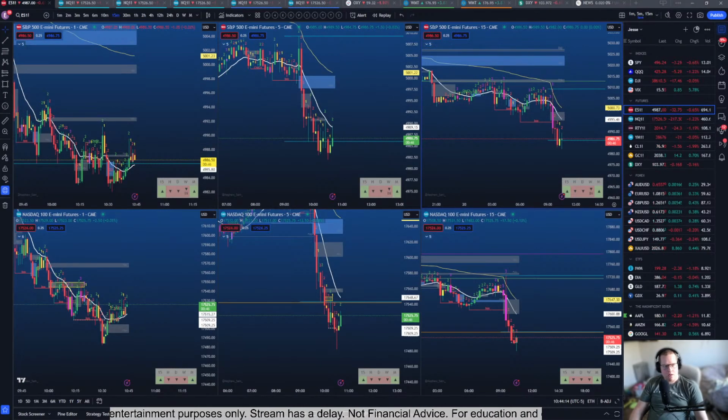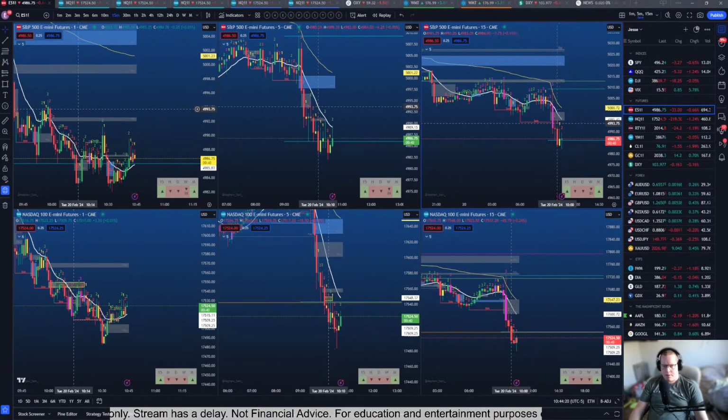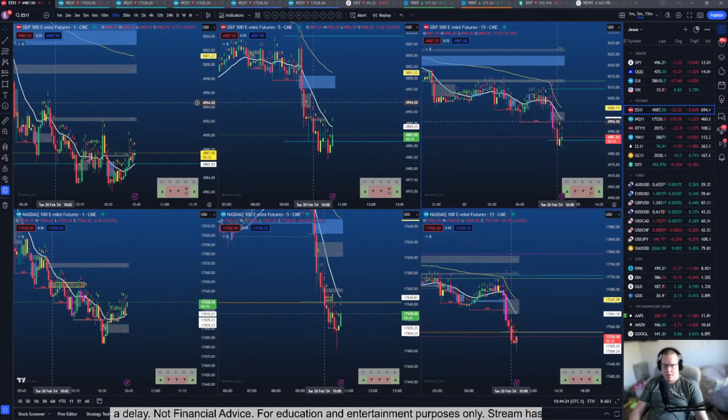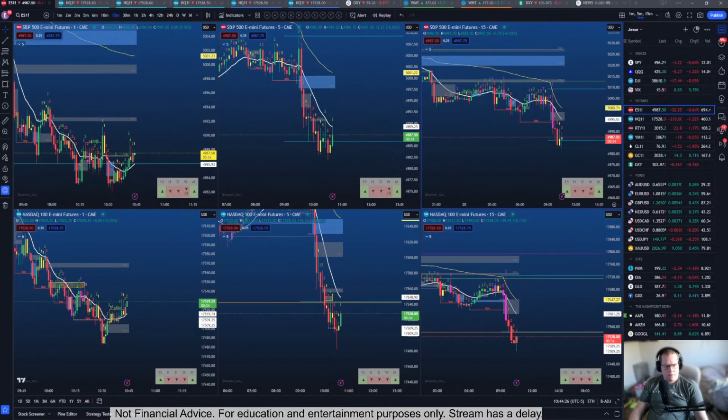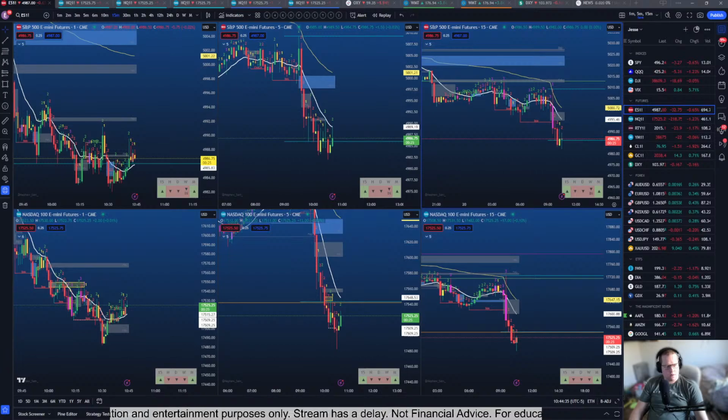When we have a catalyst like Nvidia on the docket, coming tomorrow after the bell, Nvidia earnings are going to be extremely important to Nasdaq traders and S&P traders because we've seen the equity markets following along, just starting to curl back up, in these tickers where we've seen a lot of price action into this. If this is what the markets are focusing on, this is where you want to be focused as a trader. Stocks are a lot like marketing.